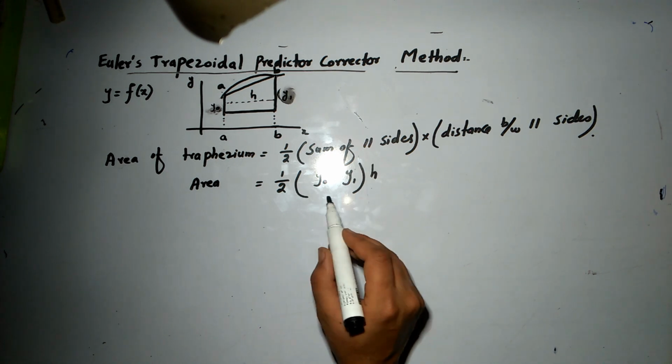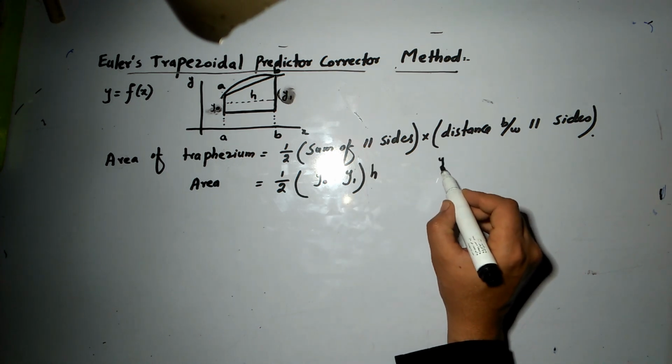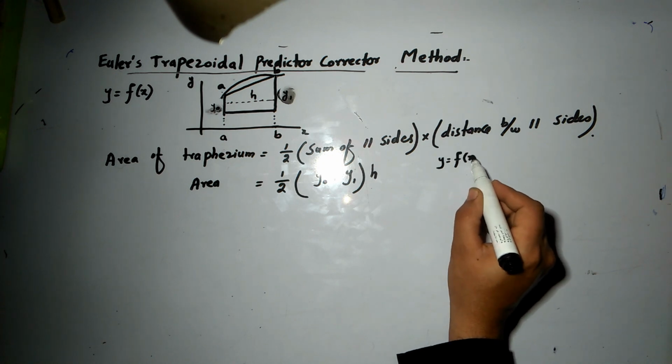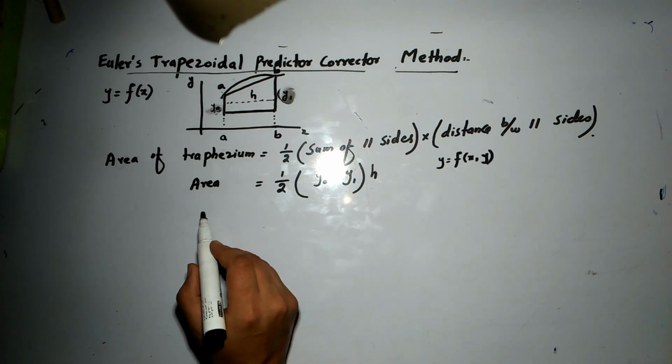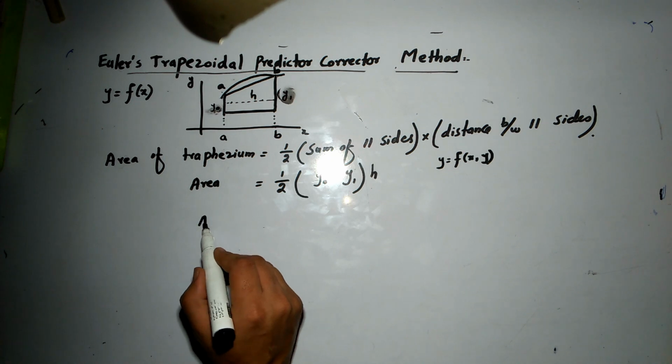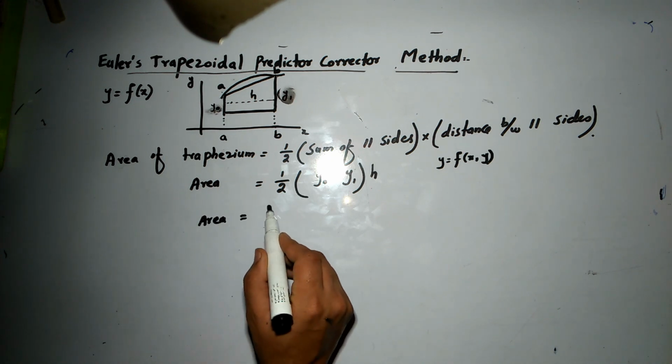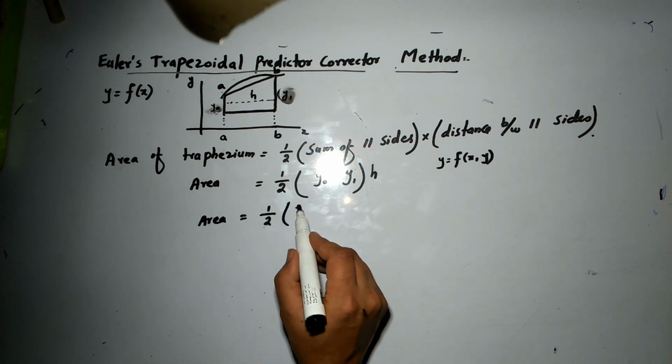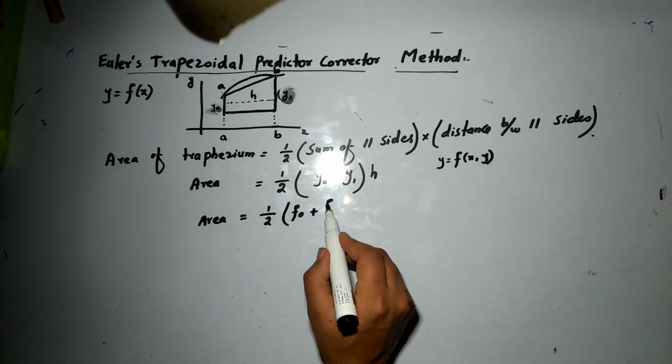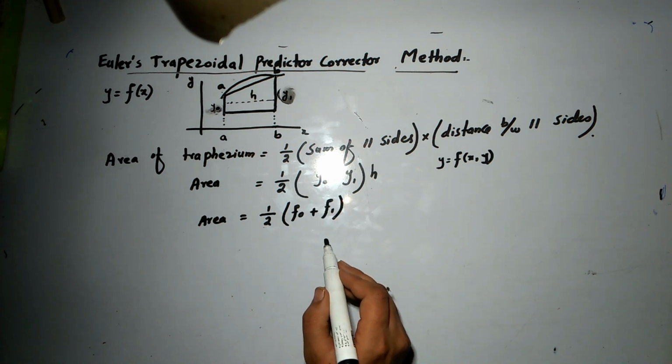Similarly, as we know that y is a function of x, we can write the area as 1 over 2 times f of 0 plus f of 1.